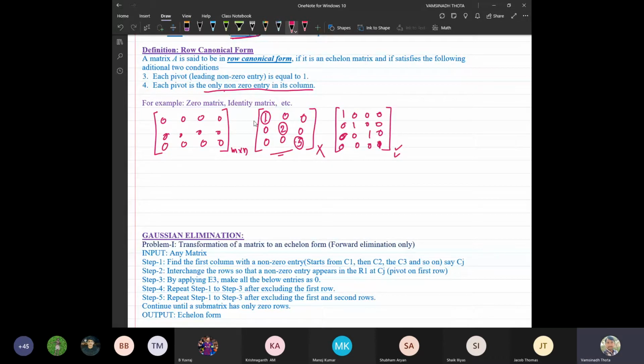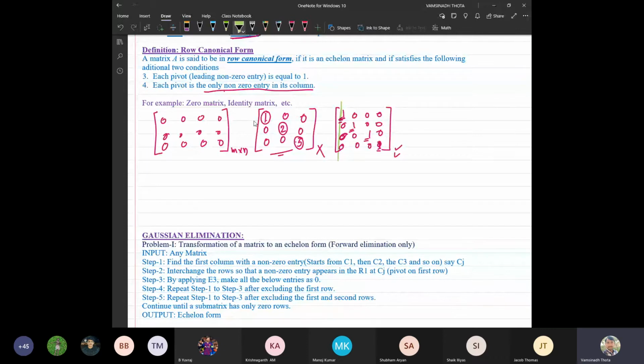First thing, it is in the echelon form, and each pivot entry is equal to 1, and not only 1. This is the first pivot entry, and in this column there are no other non-zero entries.